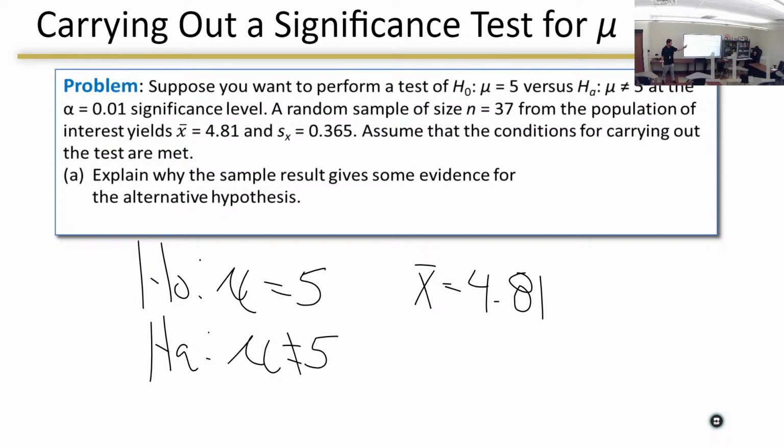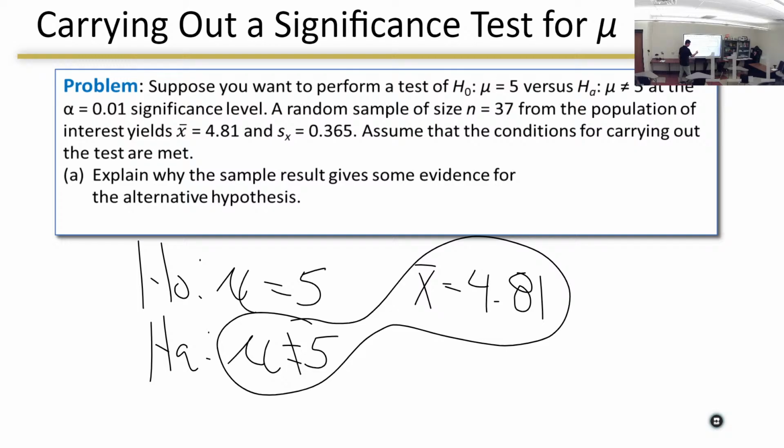Explain why the sample gives me some evidence. That gives me some evidence right there. I'm trying to show that it's not 5, and my sample gives me not 5.